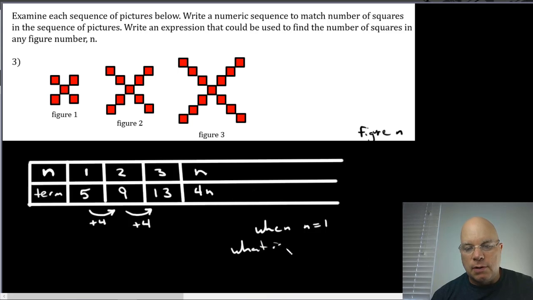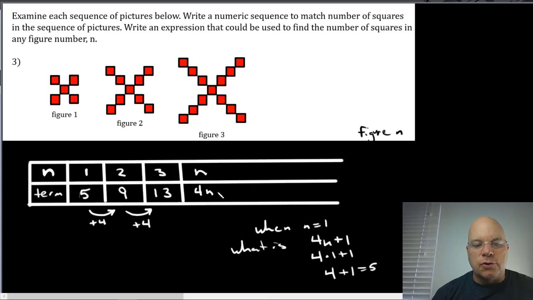It's 4 times 1, which is 4. But when n equals 1, we have 5 squares in the figure. So we need to add 1 to make it 5. And so the rule is 4n plus 1 for any figure number n.